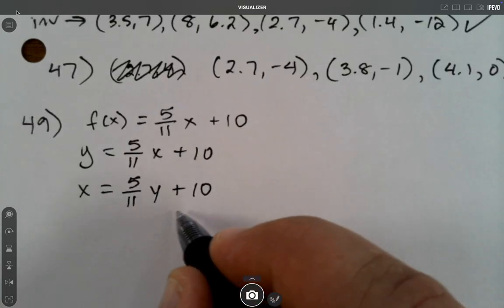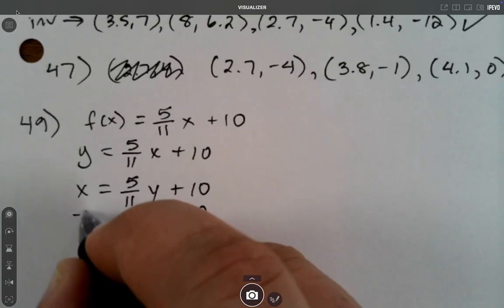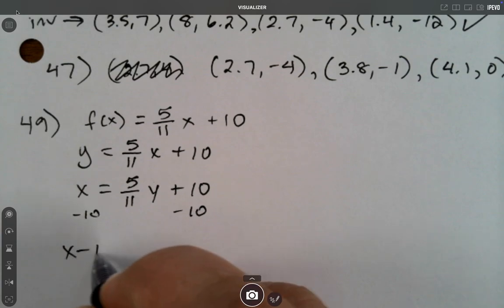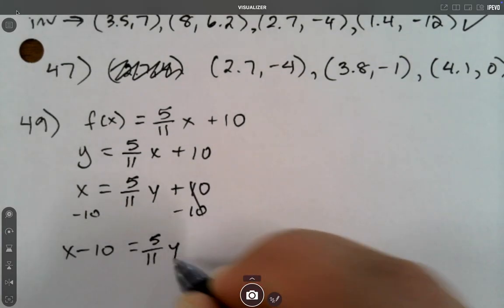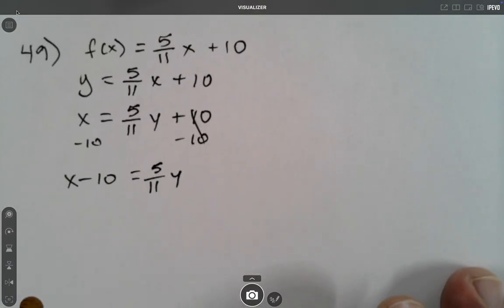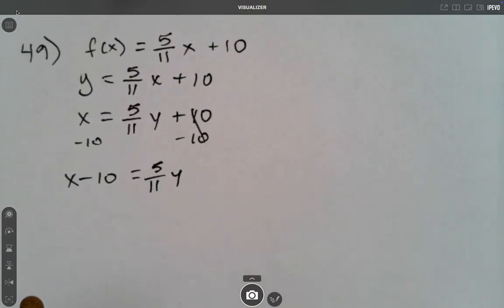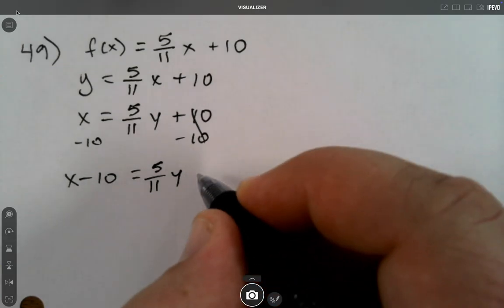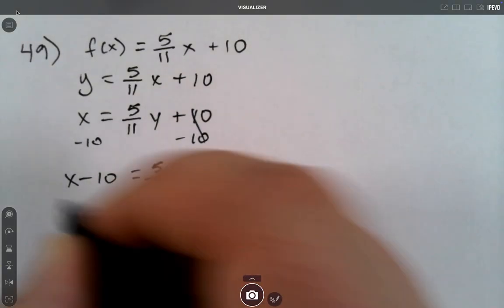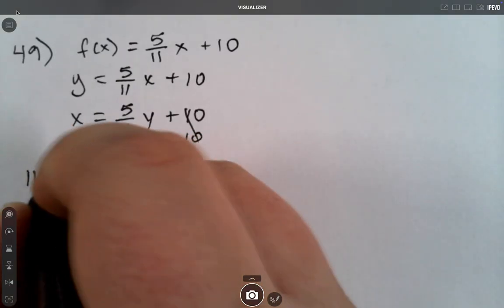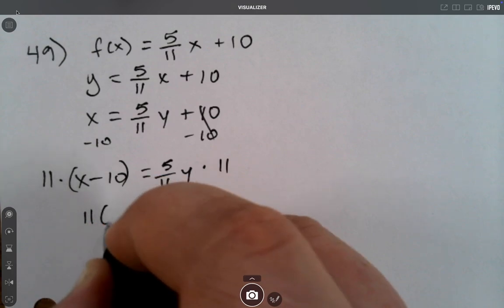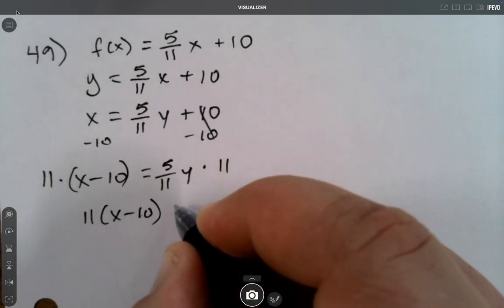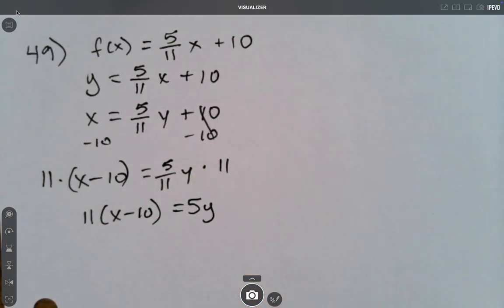So I'm going to first subtract 10 from both sides. You get x minus 10 equals 5 over 11 times y. Then, to get rid of the 11, I'm going to multiply both sides by 11. You will have to put parentheses around the x minus 10. And you can distribute if you want to, but you don't have to. So I get 11 times x minus 10 equals 5y.